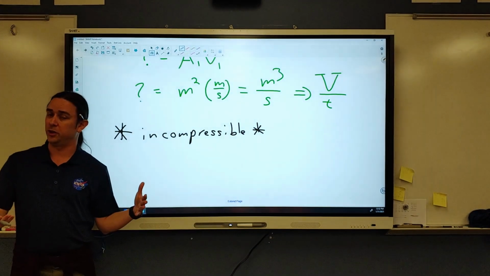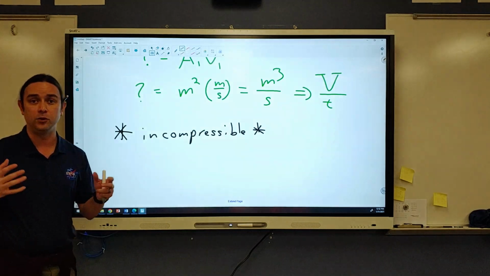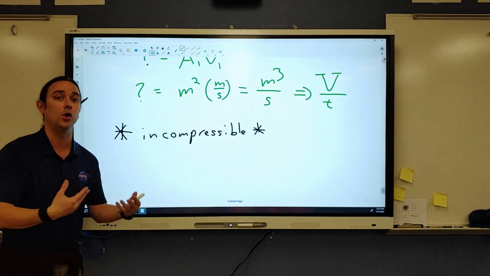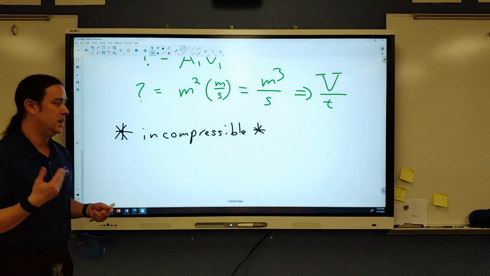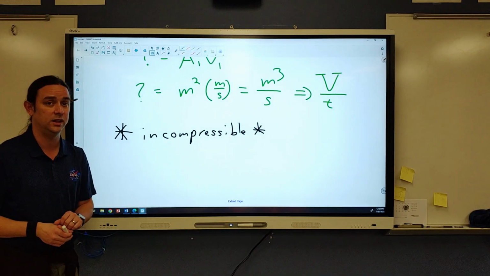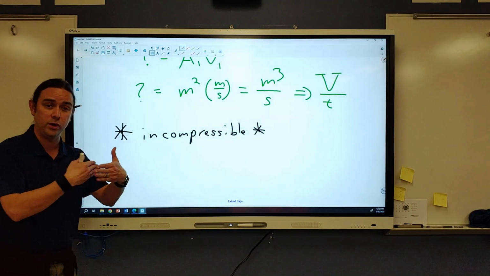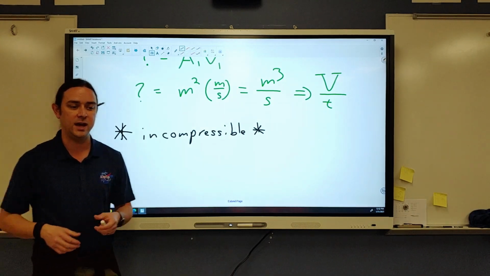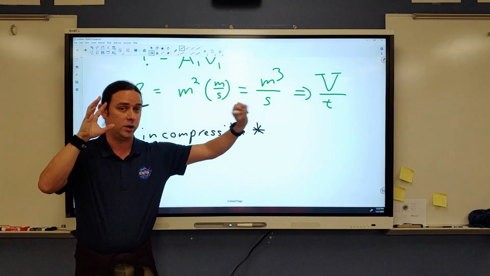However, if you go into things like aerospace engineering, which is some of my background, then you may find that if you're dealing with air, say air flowing through a ventilation system, air handling units, air is something that is much easier to compress, and so you might not necessarily get this equation to apply to it properly, especially if your fluid can be squished. Because then I could take something where I put in a certain amount on one side and not the same amount comes out the other side.